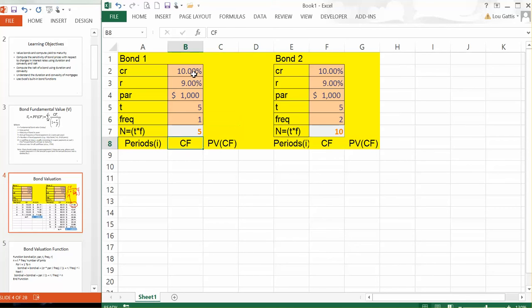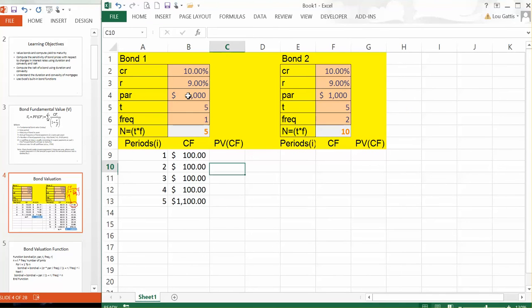The annual payment bond has 5 cash flows, periods 1, 2, 3, 4, 5. And those cash flows will simply be the coupon rate, I'll anchor that, times the par, and I'll anchor that. So this bond is going to pay $100 every year in coupon interest and pay back the par at maturity. So those are my cash flows.